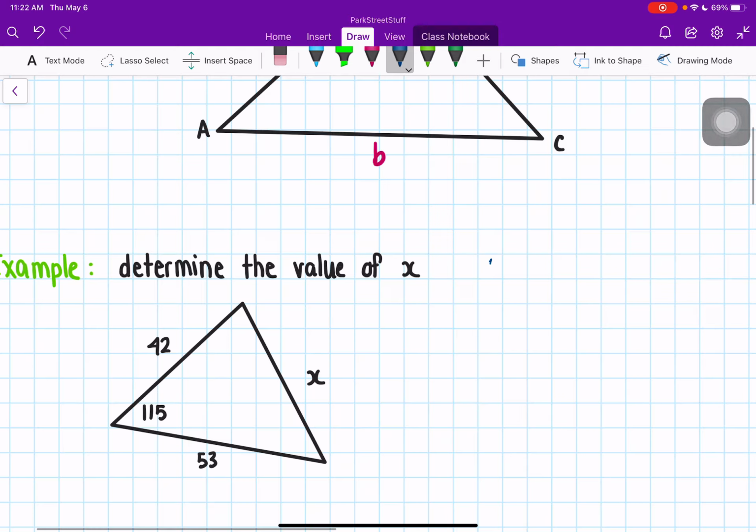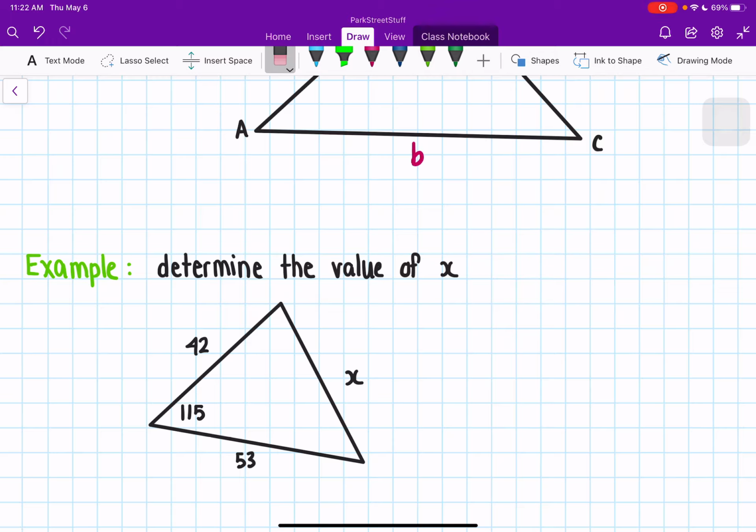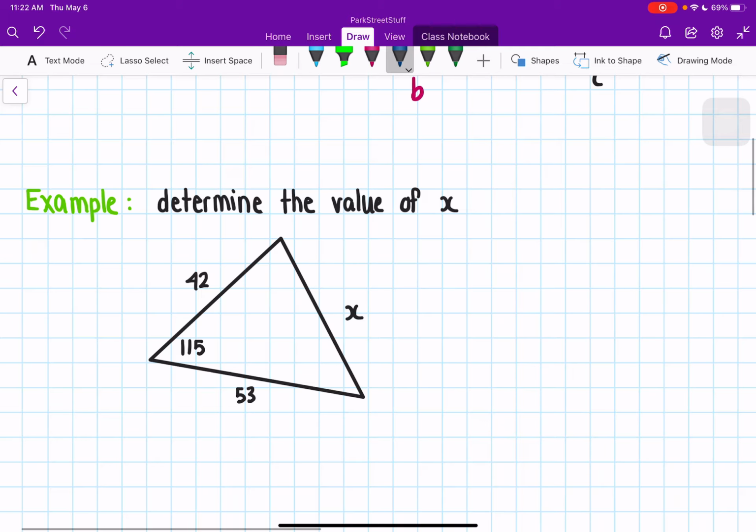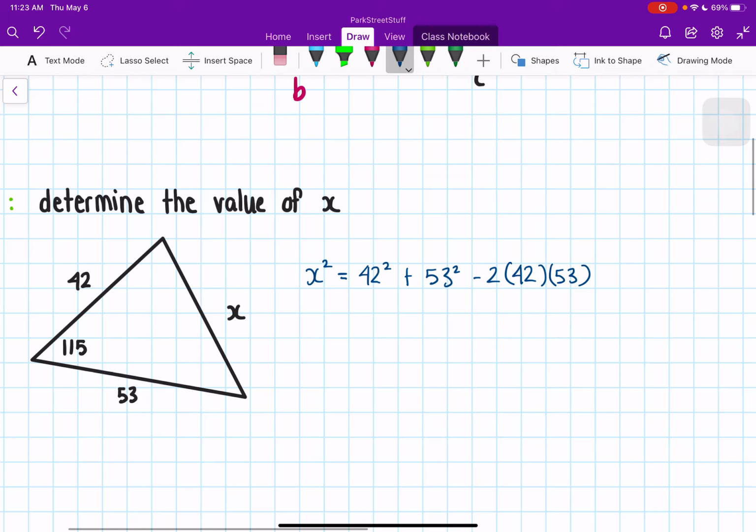Okay, so here, determine the value of x. So cosine law gives us the square of what we're looking for. So it's going to give us x squared. So we're going to have x squared is equal to 42 squared plus 53 squared minus 2 times 42 times 53 times cos of 115.